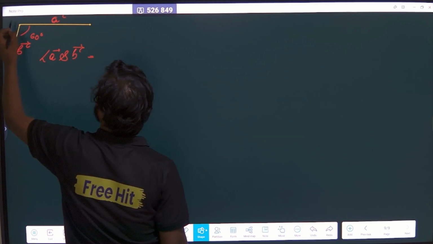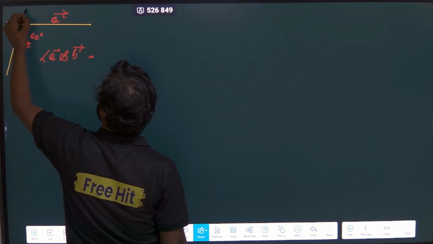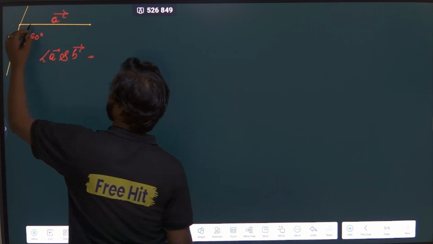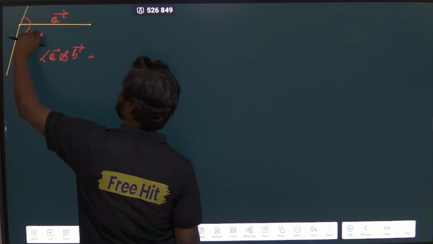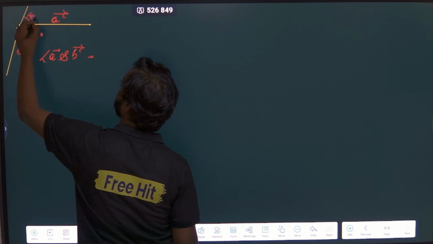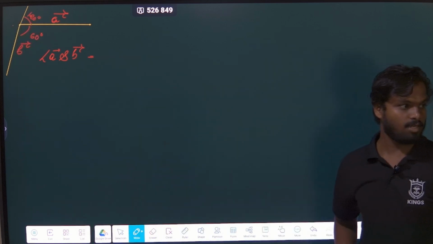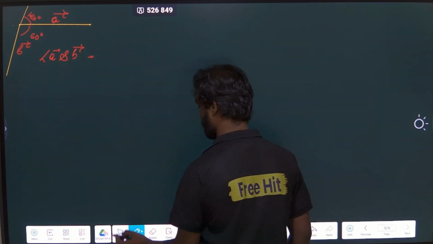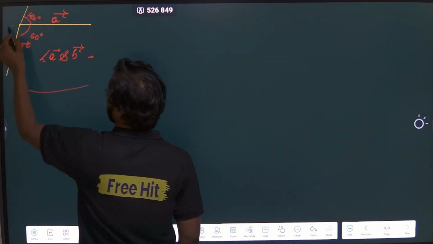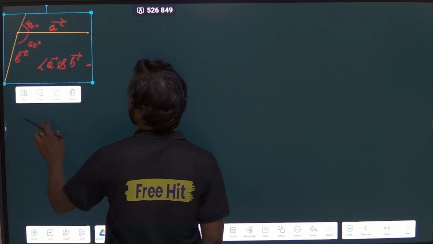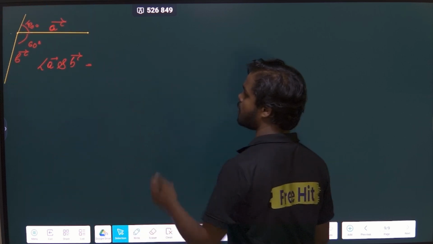What will this angle be then? This is 60 degrees, so this will be 120 degrees. Yes or no? 120 degrees only. I think it is not visible. Let me bring it down. Now it will be visible. Okay, that will be 120 degrees.